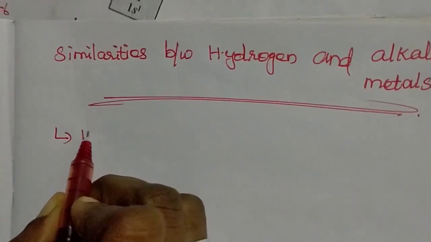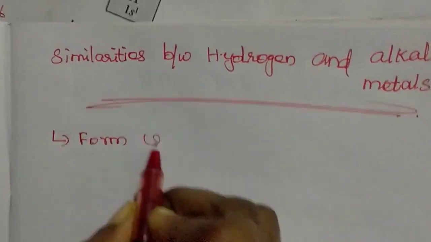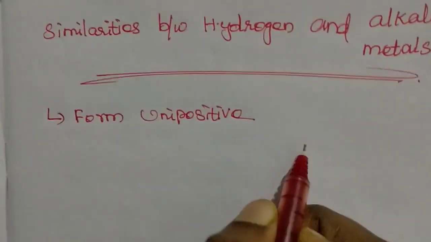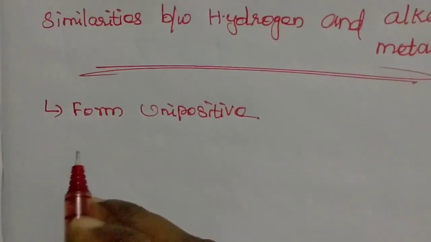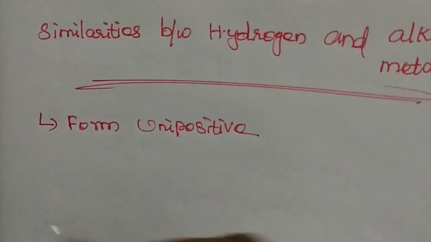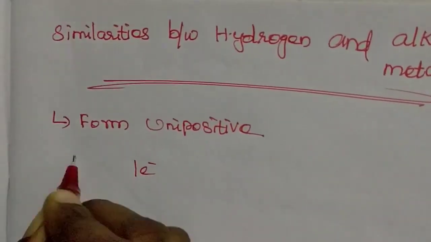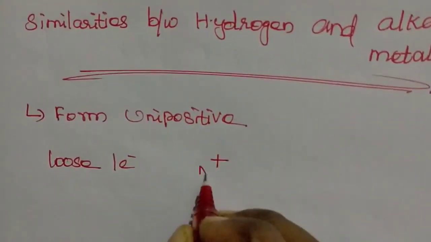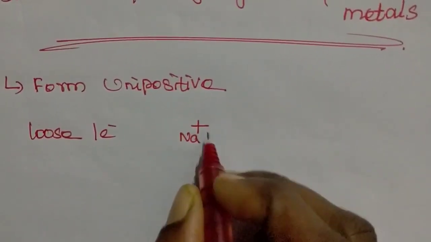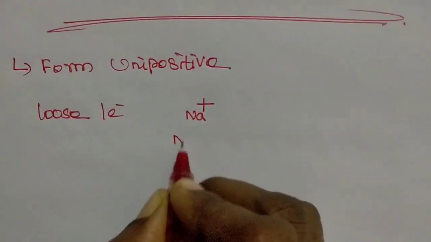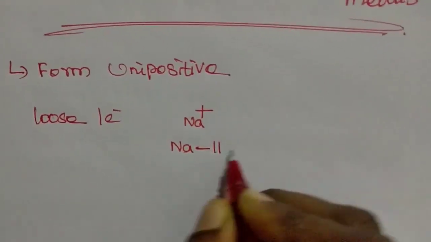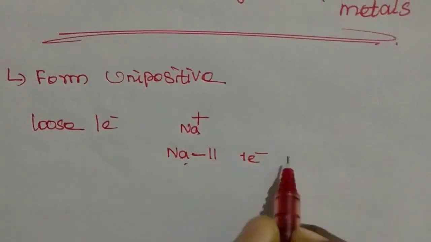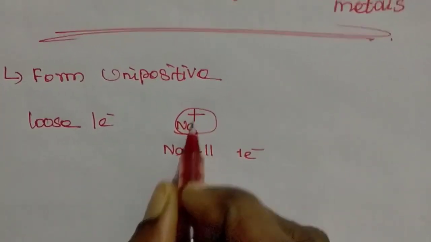What is a unipositive compound? They can easily lose one electron and form unipositive compounds like Na plus. Sodium contains 11 electrons, so if sodium loses one electron, it becomes Na plus.